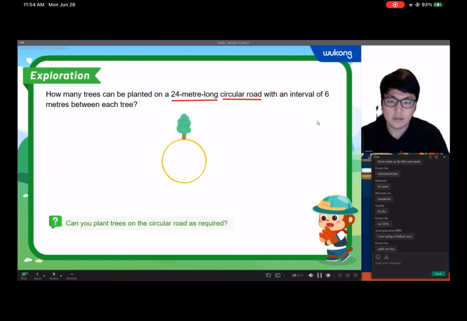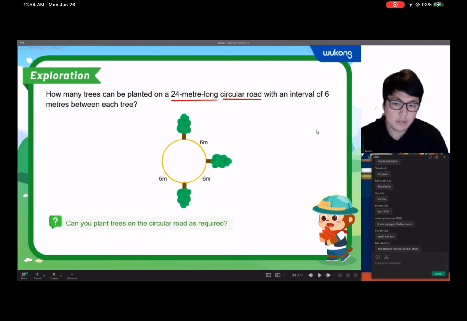So, tree and 6 meters, another tree, 6 meters, another tree, 6 meters, another tree, and 6 meters. So, guys, as you can see, this is really easy. We have 1, 2, 3, 4 spaces, 4 intervals, and 4 trees. Trees is going to be same as intervals.